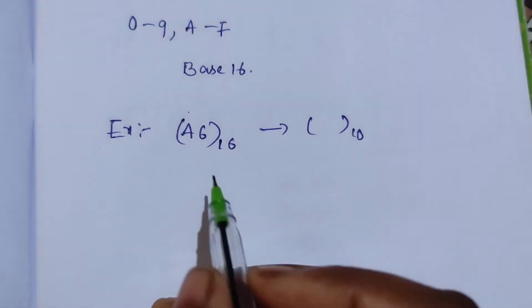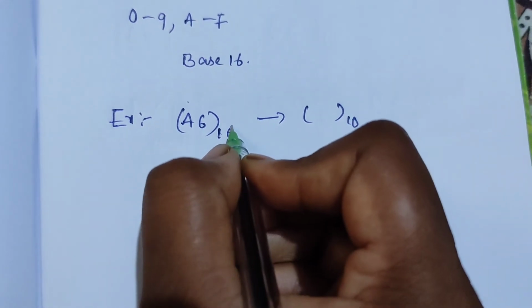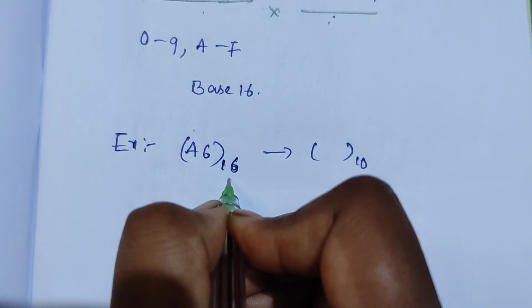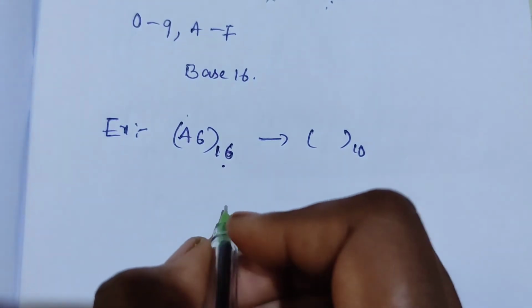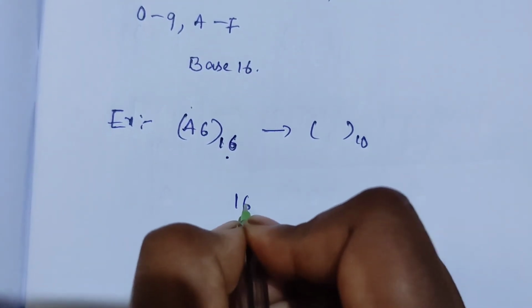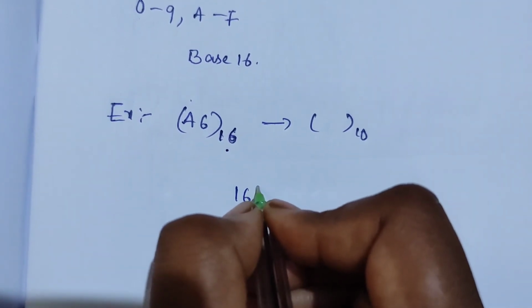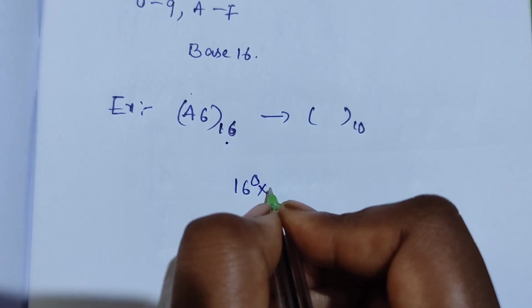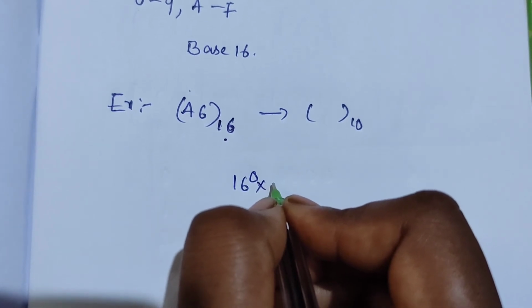For that, you need to take the powers of 16 as you have done in octal to decimal conversion and binary to decimal conversion. So take the powers of 16 from LSB to MSB and multiply with the corresponding numbers of the hexadecimal.